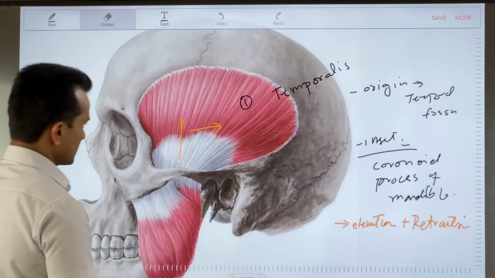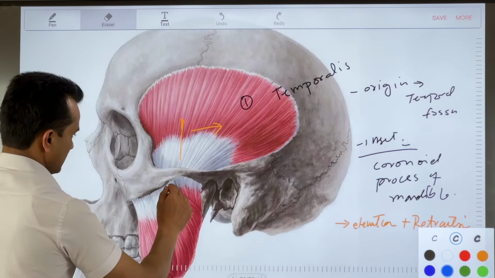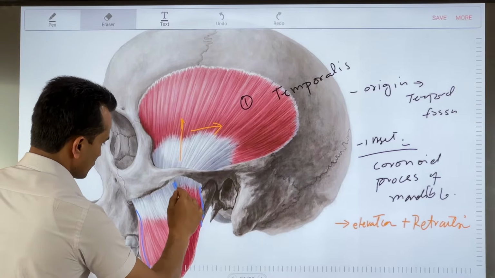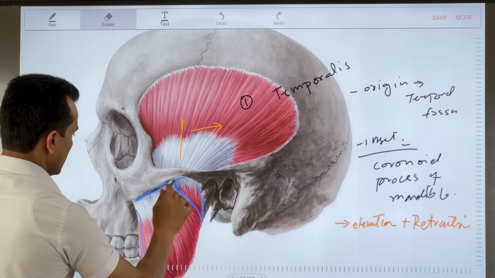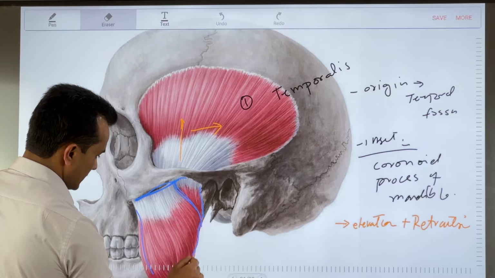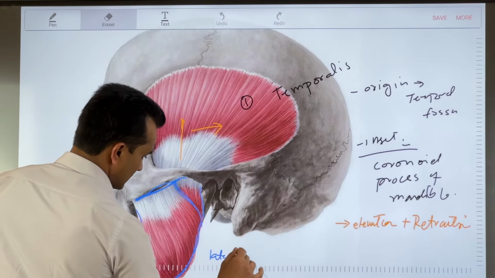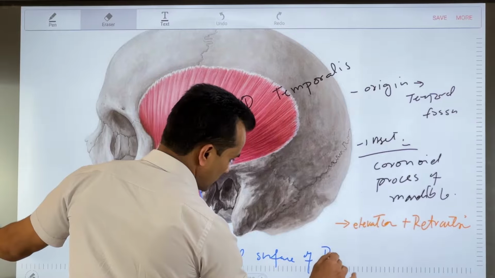And then the second muscle, here you can see, is your masseter muscle. It has a superficial part, and we have got a deep part also. It originates from the zygomatic arch and inserts on the lateral surface of the ramus of the mandible.